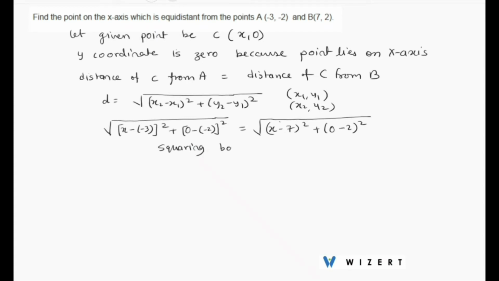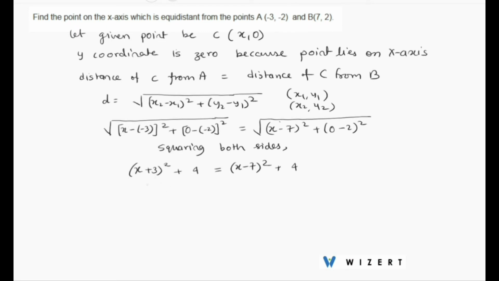Squaring both sides, we are left with x minus of minus 3 is plus 3, so (x plus 3) whole square plus 0 minus of minus 2 is plus 2, so 2 square is 4, equal to (x minus 7) whole square plus 0 minus 2 is minus 2, square is 4, so 4 gets cancelled out.